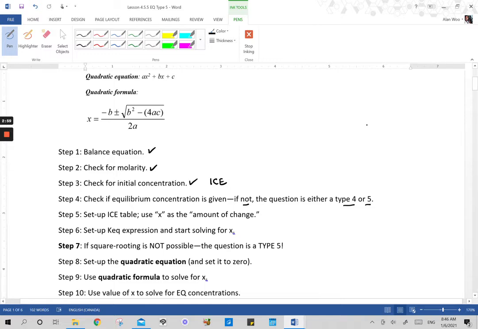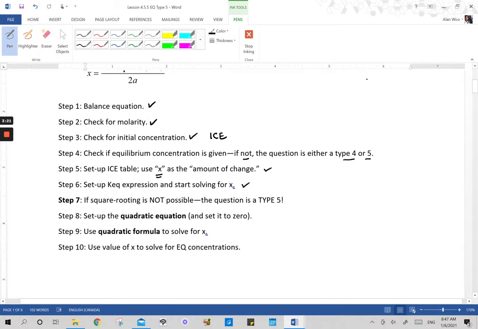We are going to set up an ICE table, and we're going to use X as the amount of change, because we're not given equilibrium concentrations, so we can't work backwards. You're going to do the same thing as in a type 4 and start setting up your equilibrium expression, and start solving for X. Step 7 is the key step.